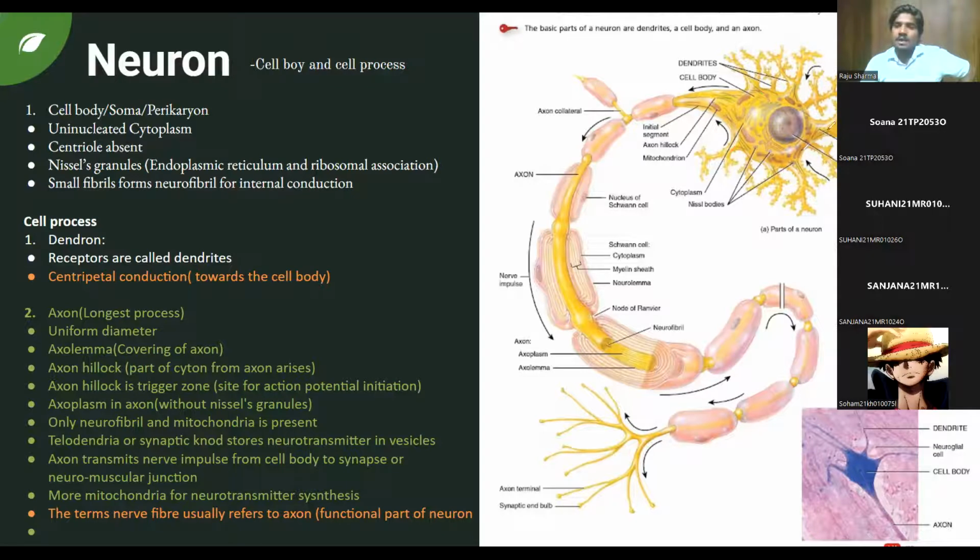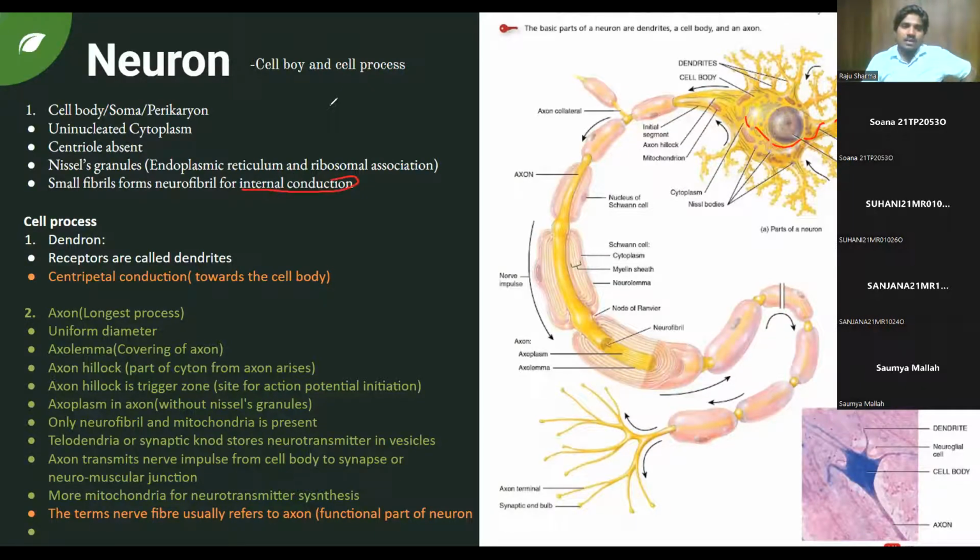Suppose for example, this dendrite is receiving some information. So this neurofibril will help in the conduction of the information to the next part of the neuron as well. So for the internal conduction of the impulse, this neurofibril is present.